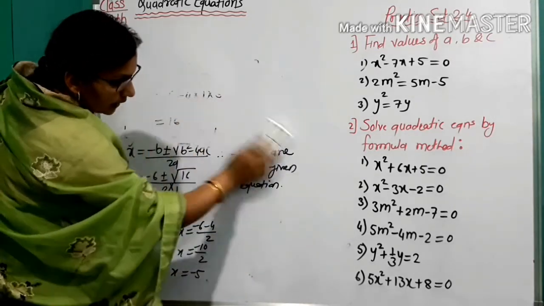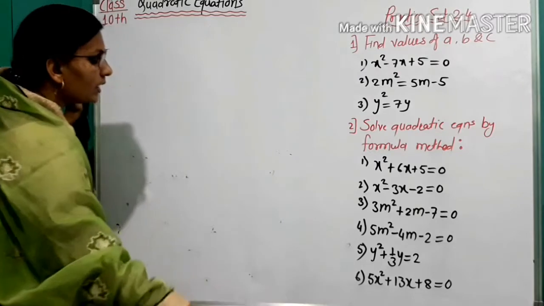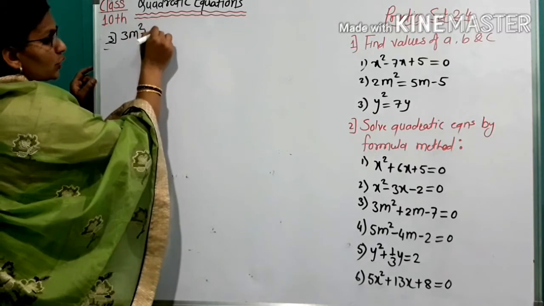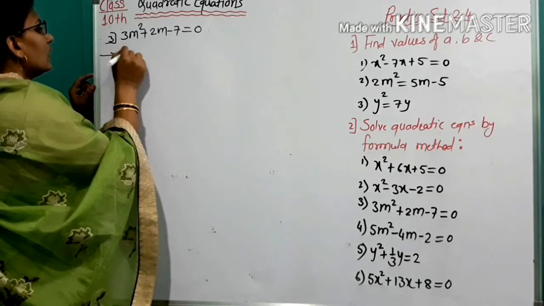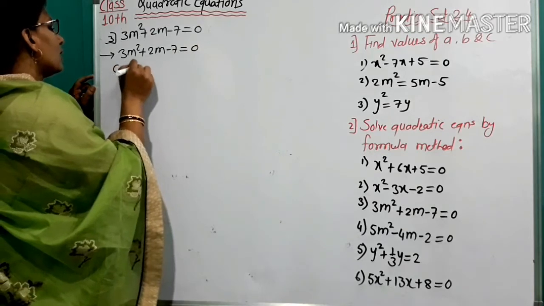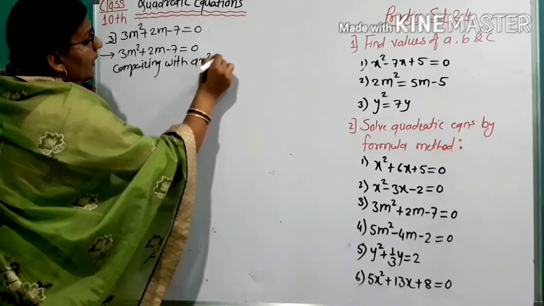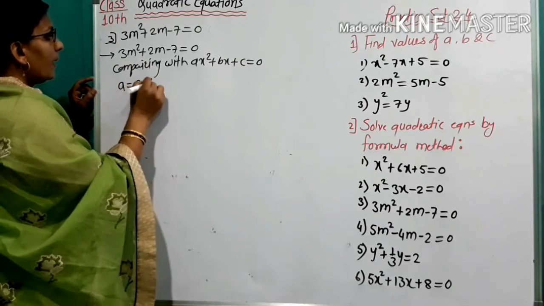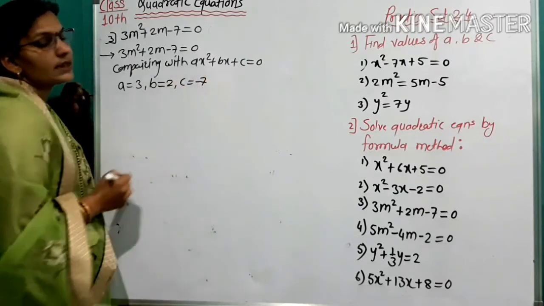The variable m is given. So example number 3 is 3m square plus 2m minus 7 equal to 0. Comparing with ax square plus bx plus c equal to 0, we have a equal to 3, b equal to 2 and c equal to minus 7.